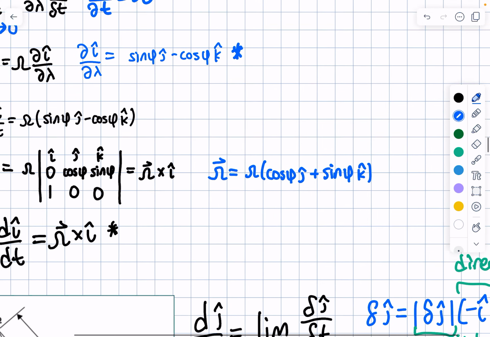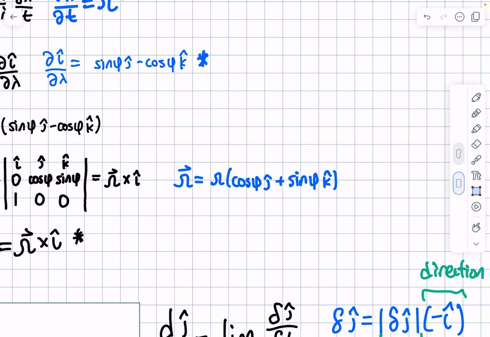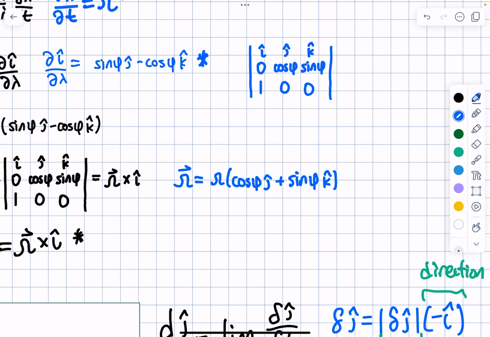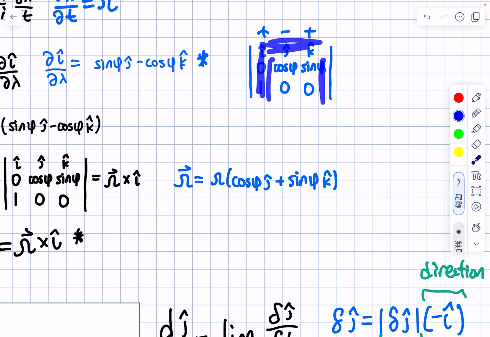So what we do is we first look at I, plus, minus, plus. We look at the determinant of this, which is cosine times 0 minus 0 times sine, which is 0. So there's no I component.